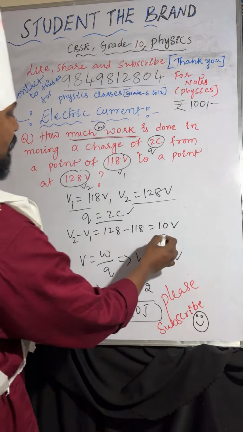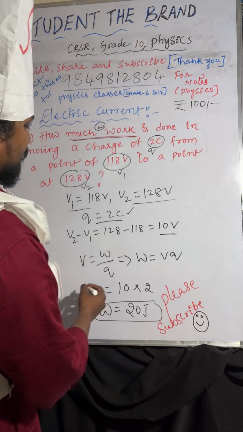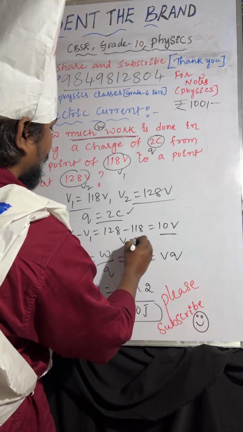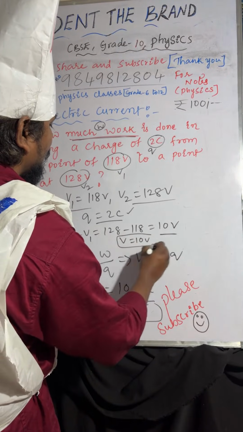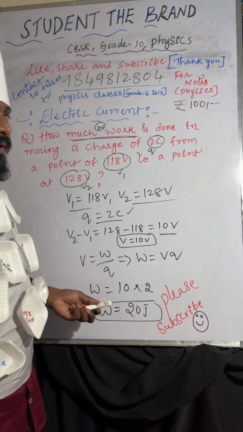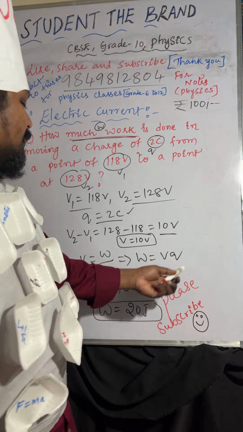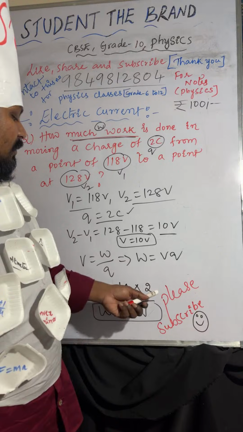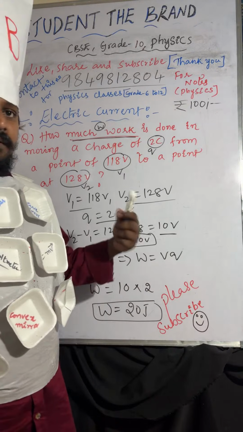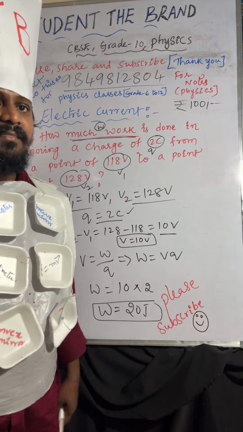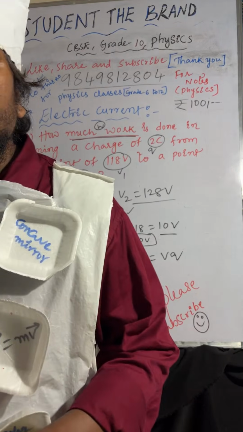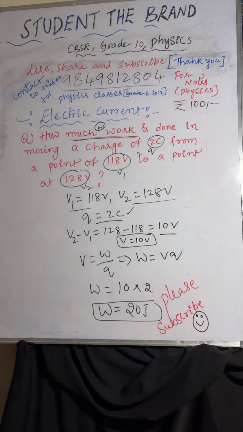V2 minus V1 is 10 volts, so we can take V as 10 volts. Then V equal to W by Q, W equal to V into Q. So W equal to 10 into 2, then you'll get 20 joules. Thank you. I'll write one more question, just check once meanwhile.